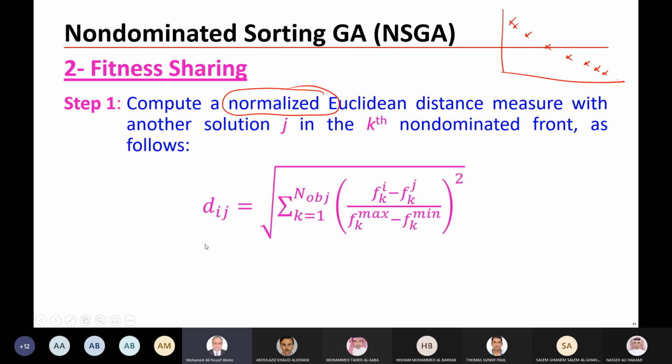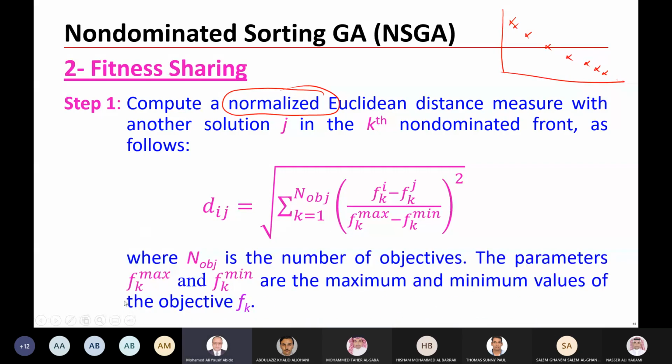This is the normalized distance: f minus minimum divided by max minus minimum for all the objectives, where the number of objective parameters, f_k max and minimum, with f_k.